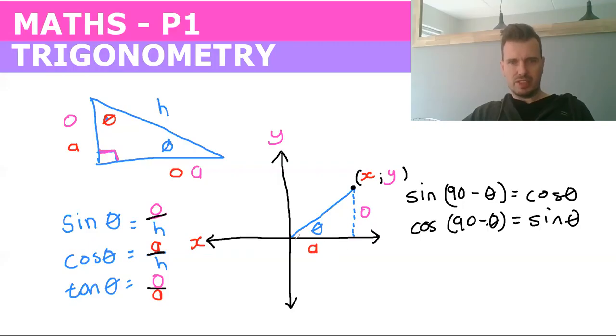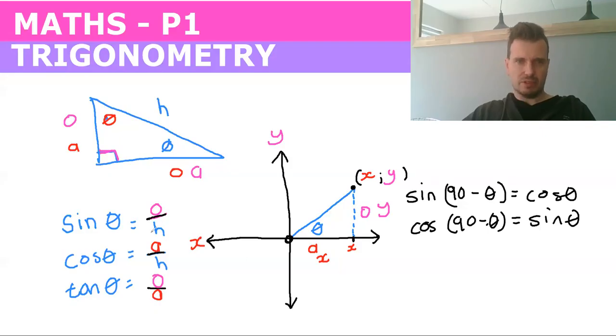Well, what we see is that from the origin to here is x, because if we drop the x down to here, we hit x. So we can see that this is just the value of x. And the opposite, in the same way, is just the value of y.